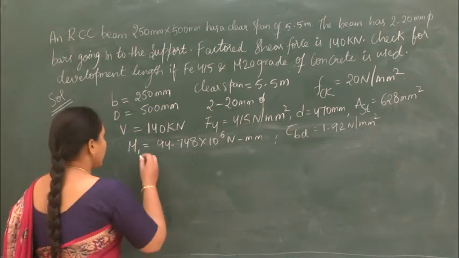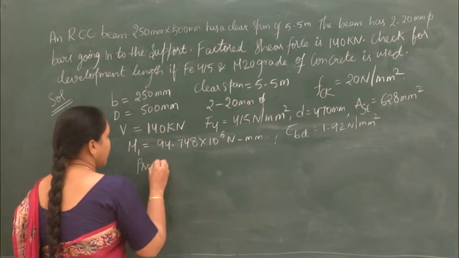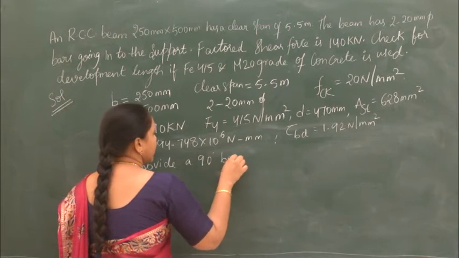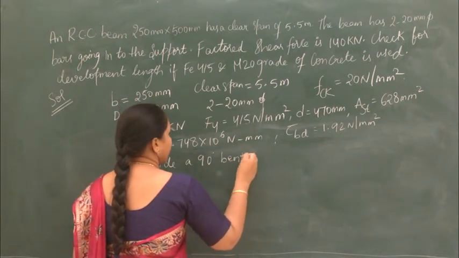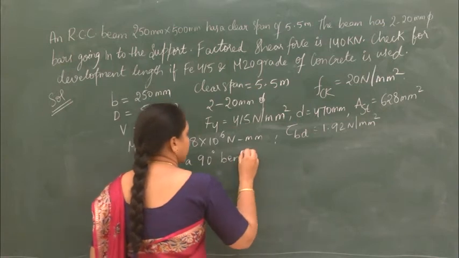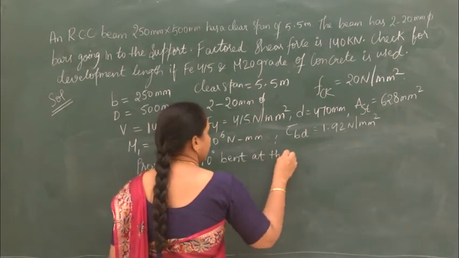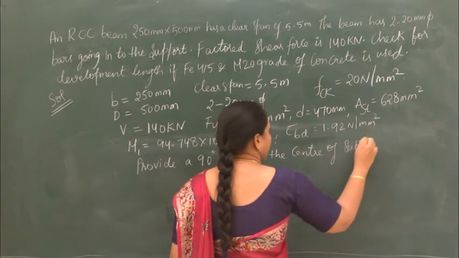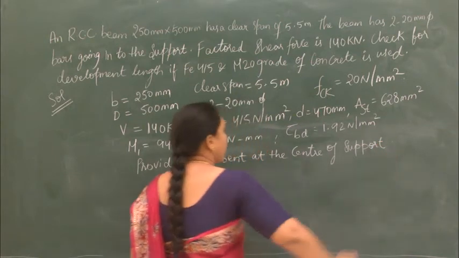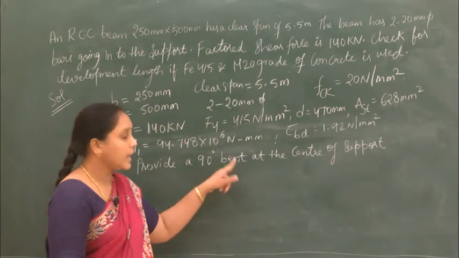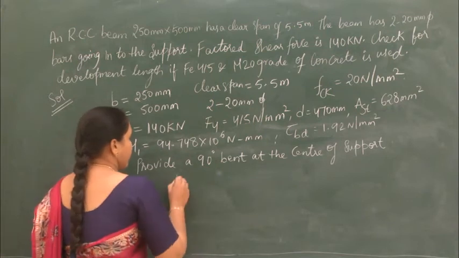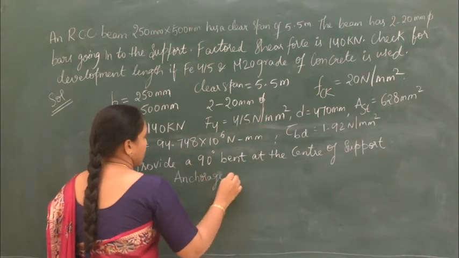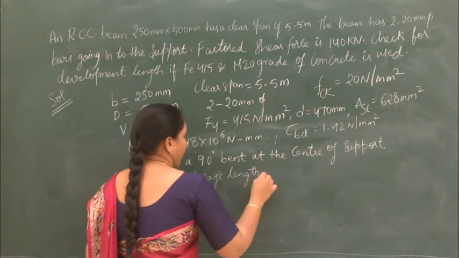So what I am doing here is, I am providing a 90-degree bend at the center of support. So from this, I will find out the anchorage length L1.